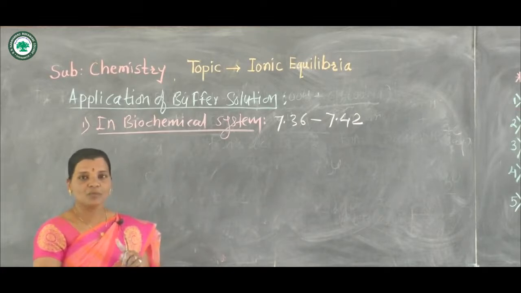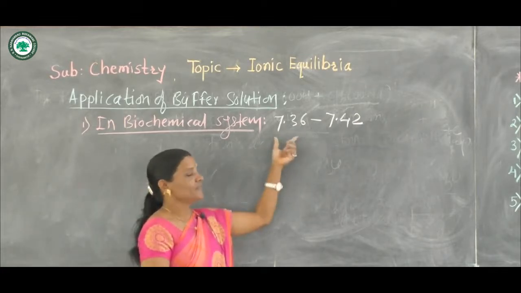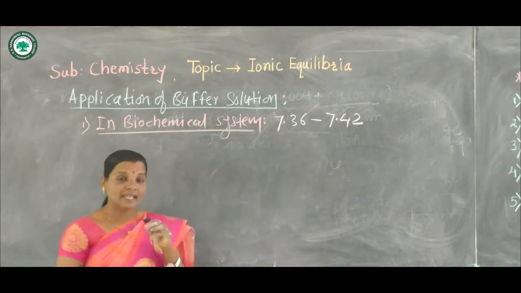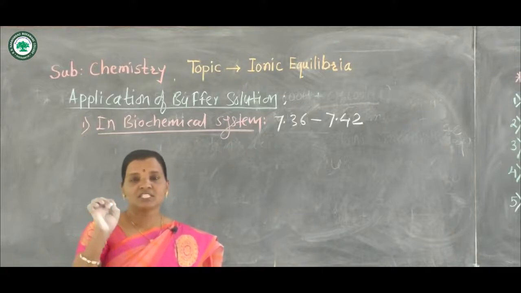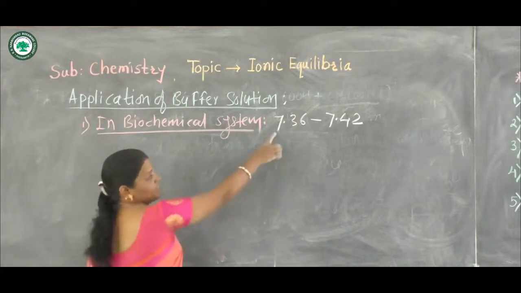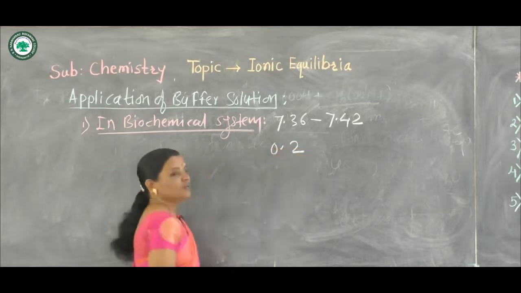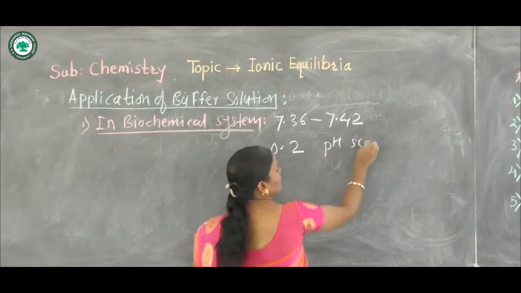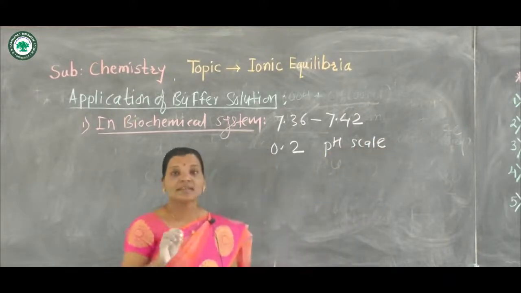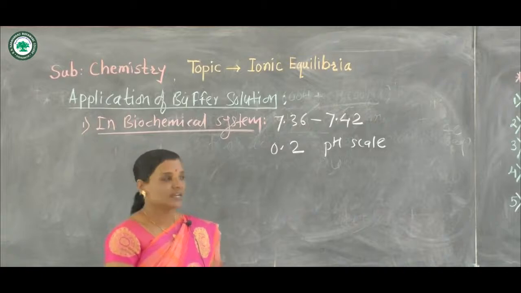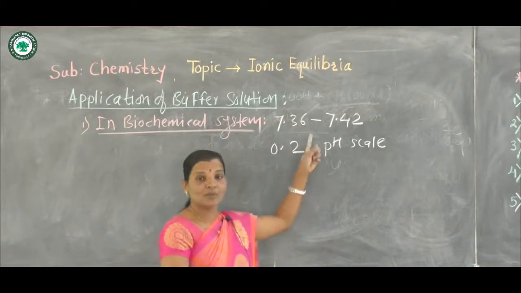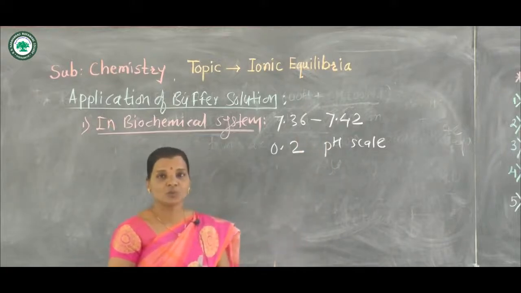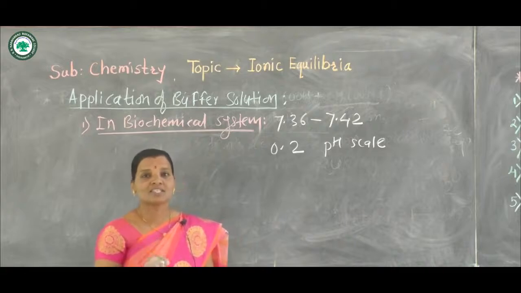The pH of human blood remains constant within the range 7.36 to 7.42, and even if a small amount of pH is changed, for example, if this pH is varied by 0.2 on pH scale, then death occurs. That causes death of that person. The pH of human blood ranges between 7.36 to 7.42, and that is fixed due to the presence of buffer.